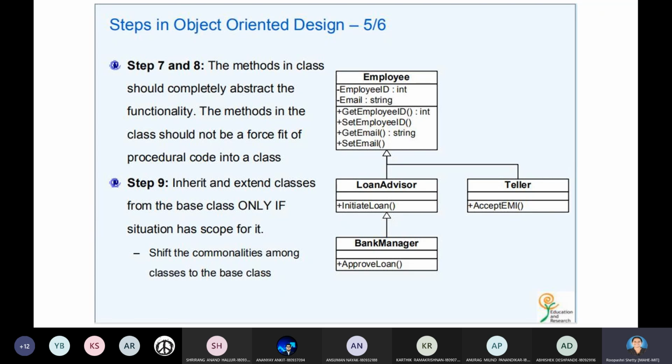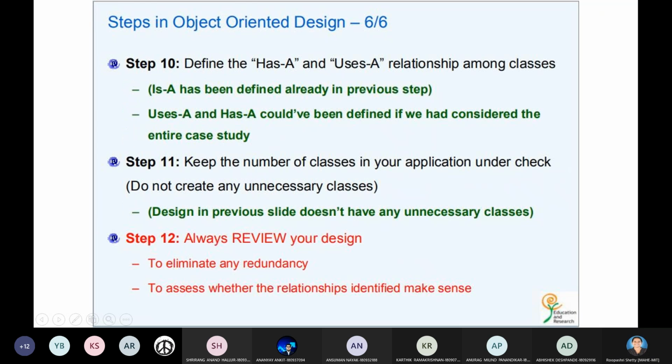When you have a dependency between the classes, and that dependency is an is-a relationship, you need to identify the common features which could be shifted to the base class. If there are additional features, or any specific functionality to be performed by the individual class, you can make it a child class or subclass.